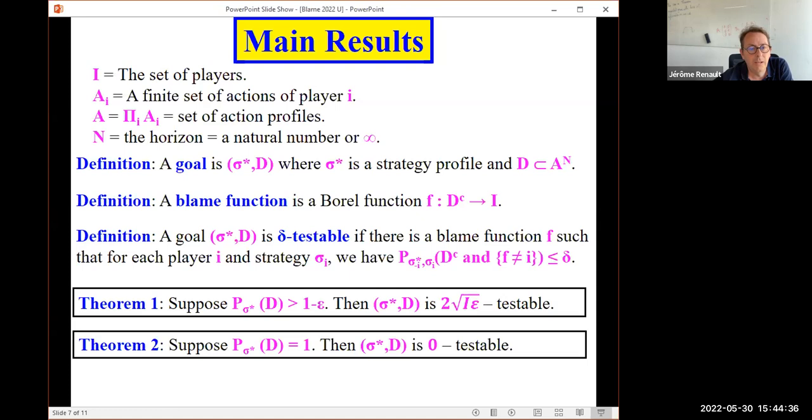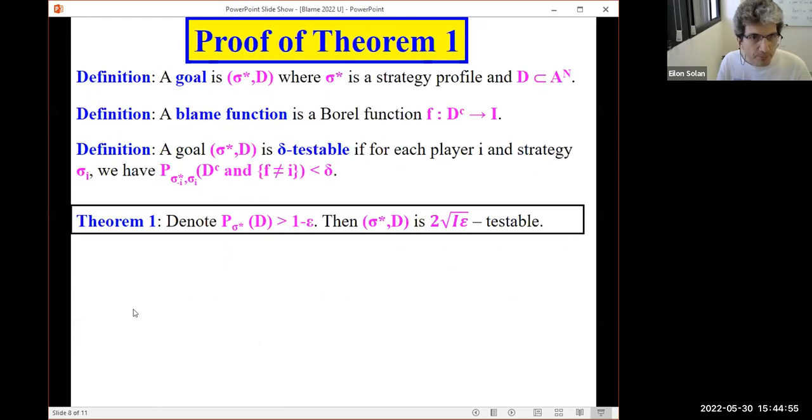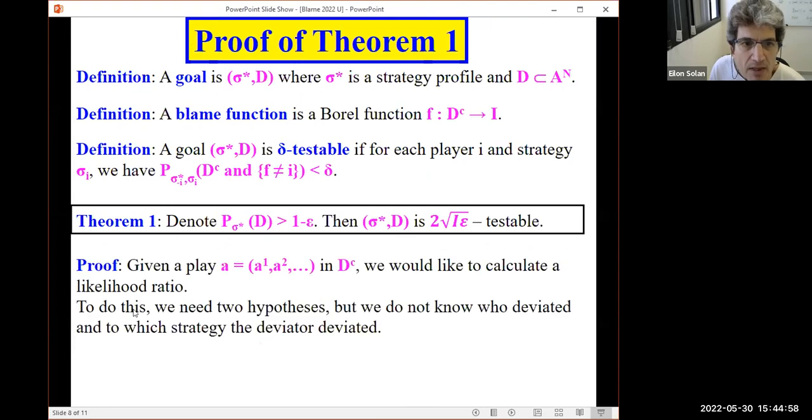Okay. So once we have our main theorems, let's see how we prove it. What I said, theorem 2 follows from theorem 1 rather easily, and the difficulty is to prove theorem 1. So let's prove theorem 1. What would we like to do? Suppose we are given a play, an infinite play, that is not in D. Now we would like to identify the deviator.